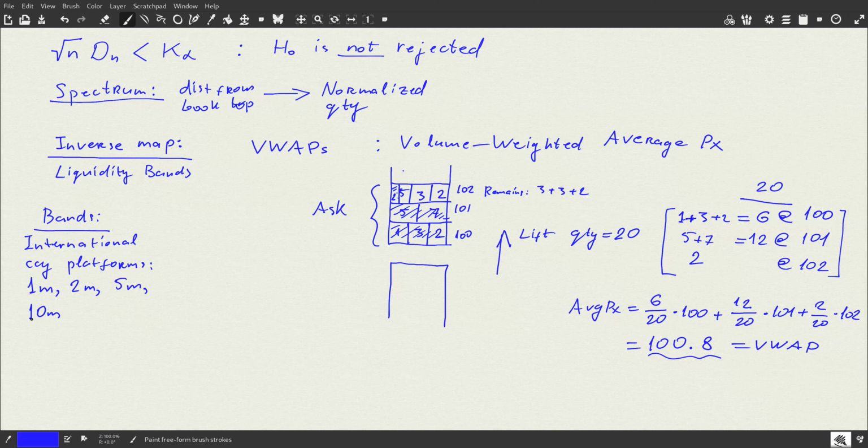And then for each band, so let's say this is a B value, you construct the series of VWAPs. VWAP as a function of B. And obviously, for bids and for asks, what kind of function of B will this VWAP be, increasing or decreasing?